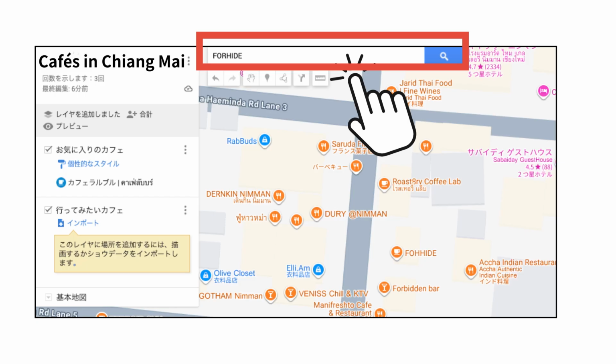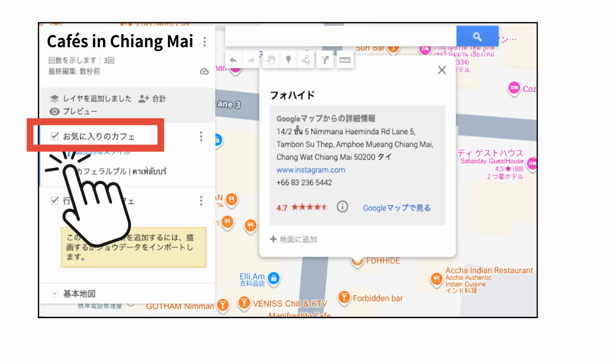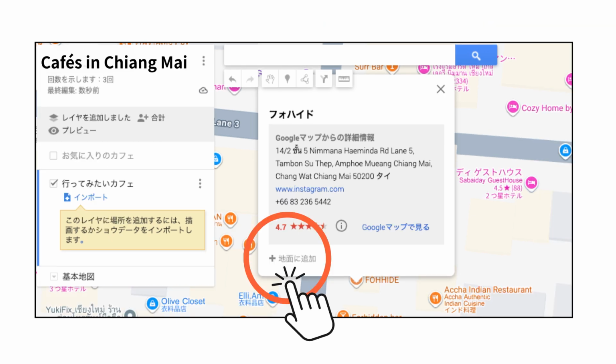Next, search for the cafe you want to visit. This time, type "for hide" and click the search button. This time, we want to add it to the Cafés to Visit layer, so let's uncheck the Favorite Cafés layer. When the place you want to add appears, click Add to Map at the bottom.